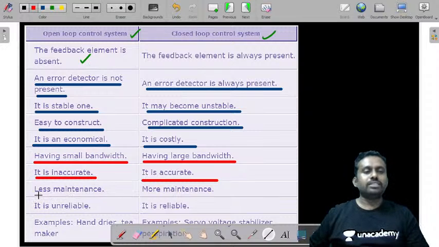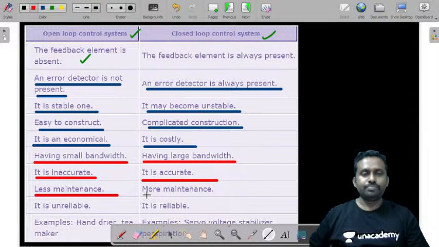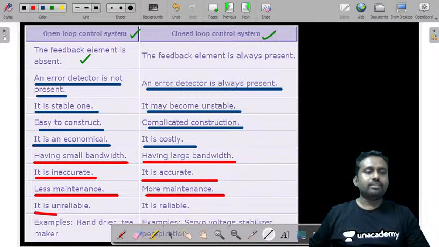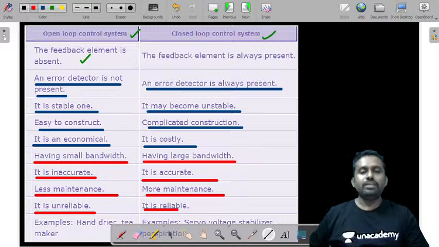And as already told, open loop has fewer elements, so it needs less maintenance, whereas closed loop has more components, so it needs more maintenance. And as you can see, open loop systems are unreliable and closed loop systems are always reliable.